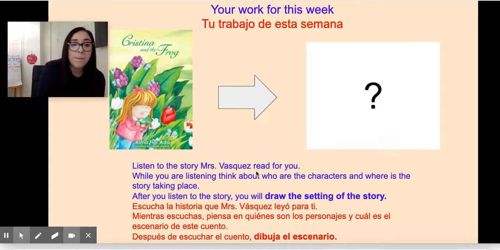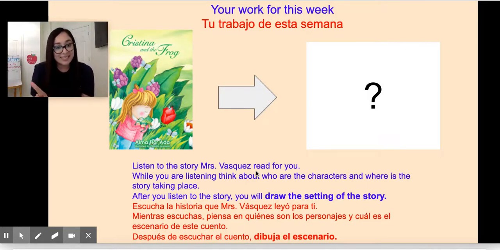If you look through the book and you see more than one, you can just choose one setting, one place in the story, or your favorite. Maybe you can choose your favorite part of the story and draw the setting, okay? Make sure the setting, the place of the story. You can include the characters, but make sure that you draw the setting.